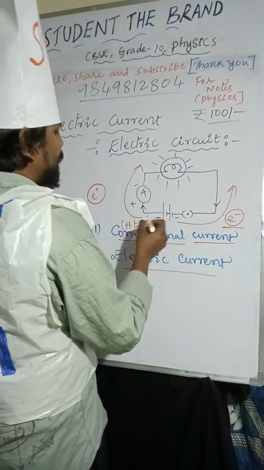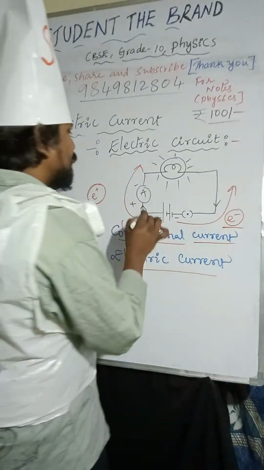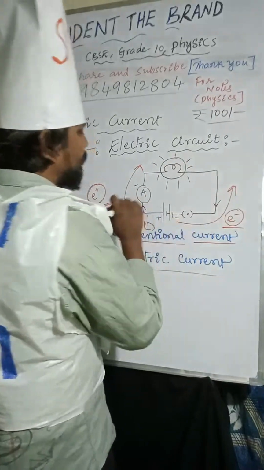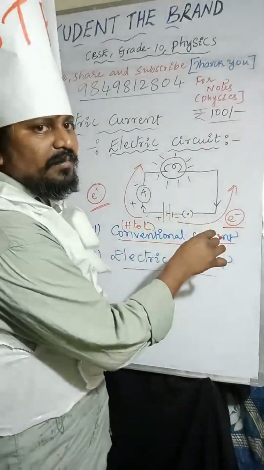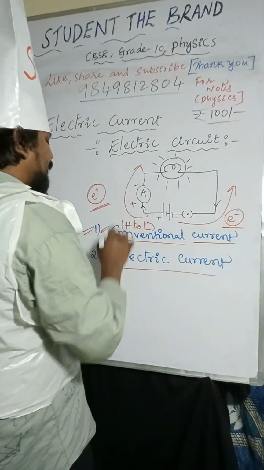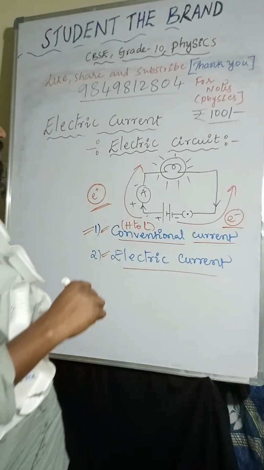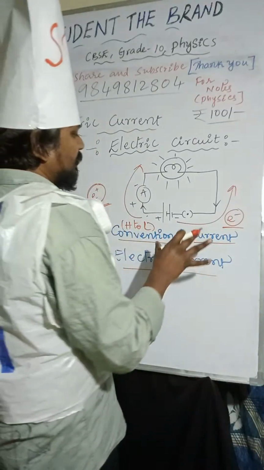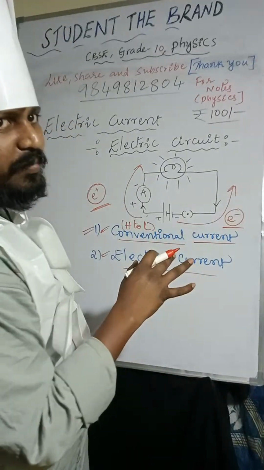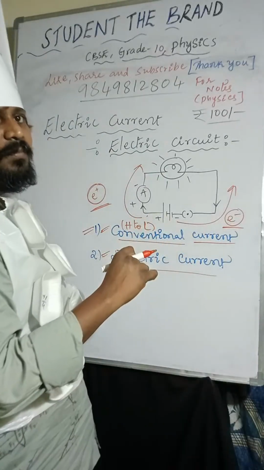If you observe carefully, positive charges move from the positive terminal to the negative terminal, whereas electrons move from the negative terminal to the positive terminal. Conventional current and electric current. I hope it is very clear. Be careful while learning these points, because they are very important, and at the same time very similar.